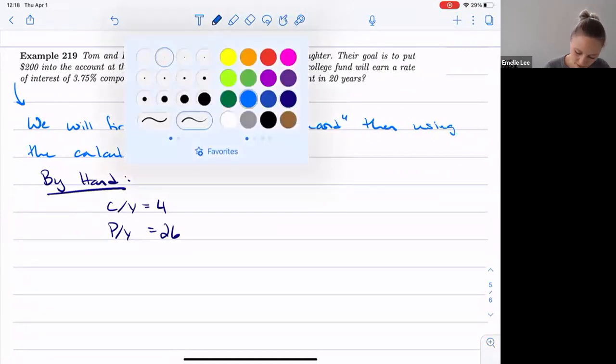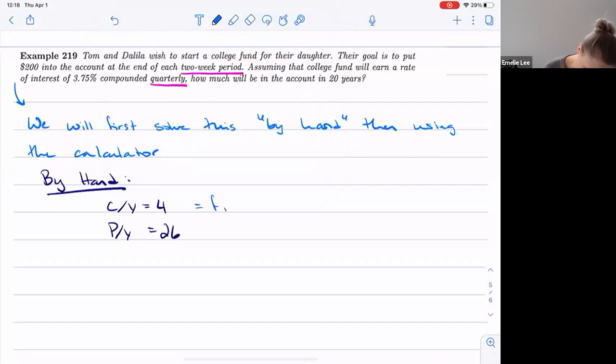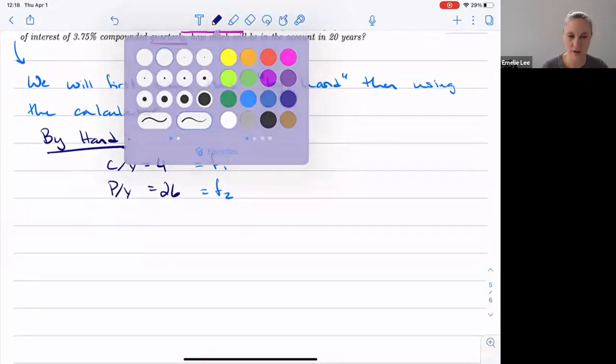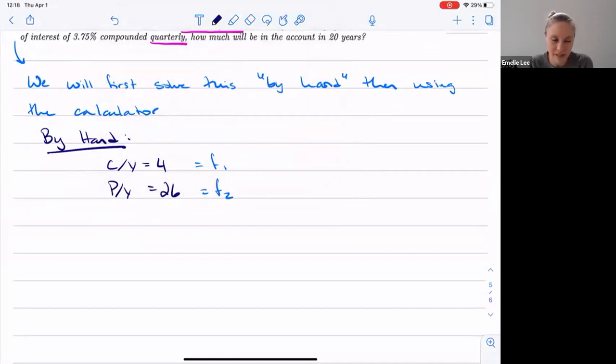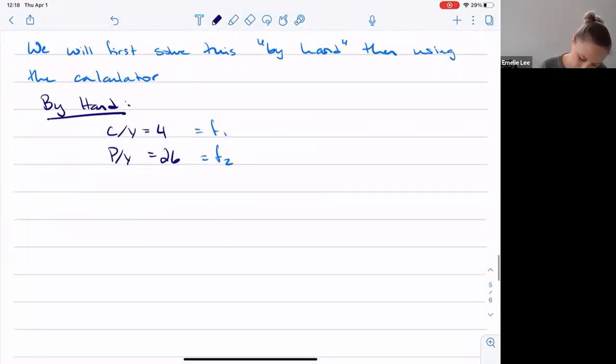Let's make a note here. This is my F1 and this is my F2. These are not the same, so I definitely have to find I2, and that's the I I'm going to use in my calculations. So here we go. I2 is 1 plus I1, to the power of F1 over F2, then minus 1.